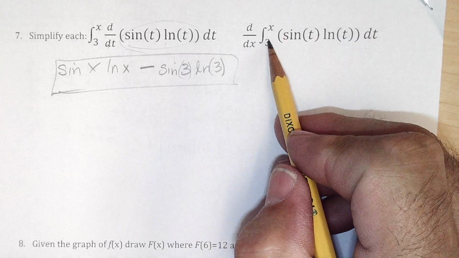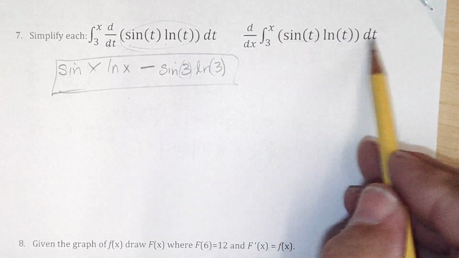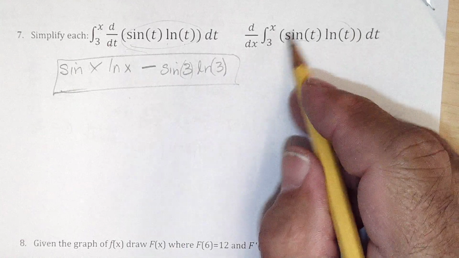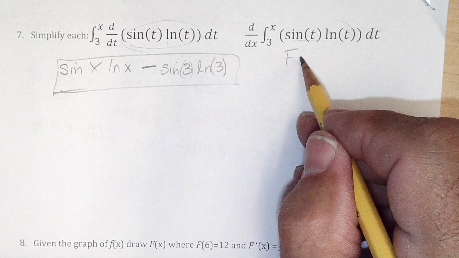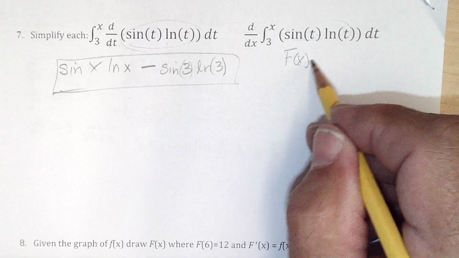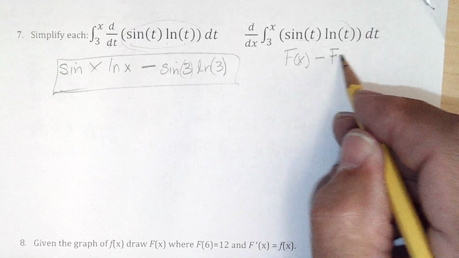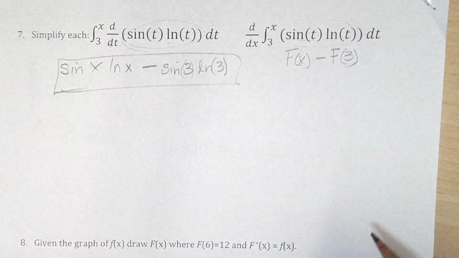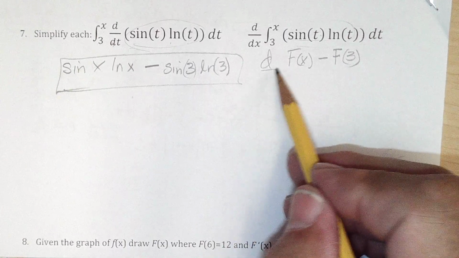Now, if we integrate this first, then whatever the antiderivative of this is, we're going to find F of it with an x put in minus F with a 3 put in it. Whatever the antiderivative of this is, we have to take the derivative.